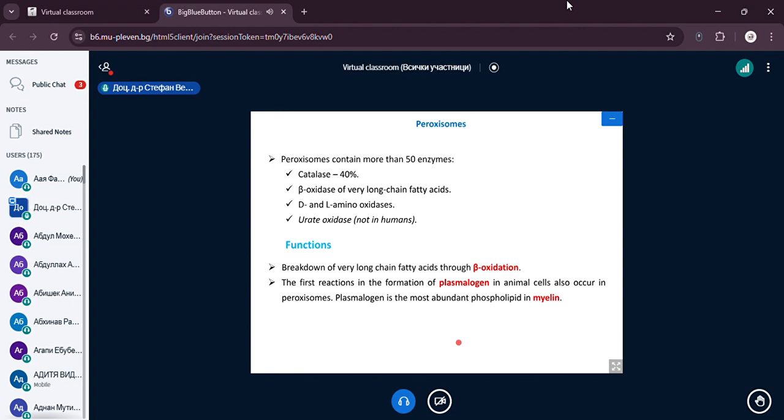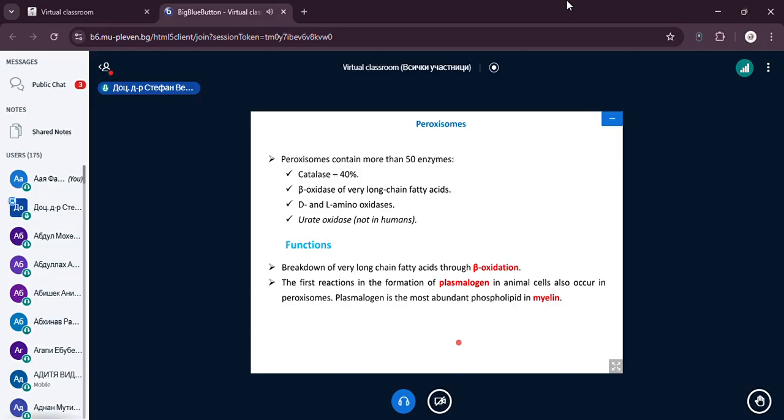So the second set of enzymes are the enzymes called beta oxidase. This enzyme is involved in the degradation of very long fatty acids. Also, in peroxisomes, we have amino oxidases. Amino oxidases are enzymes degrading amino acids.